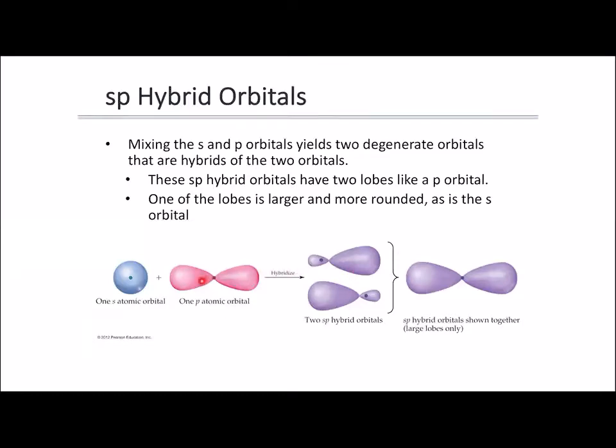So here, when we draw a p orbital, this is one p orbital made of 2 lobes on each side. Here, this is 2 different orbitals. So now I have 2 different orbitals that I can make bonds with. And the 2 different orbitals are on the exact opposite of each other. They're 180 degrees apart.